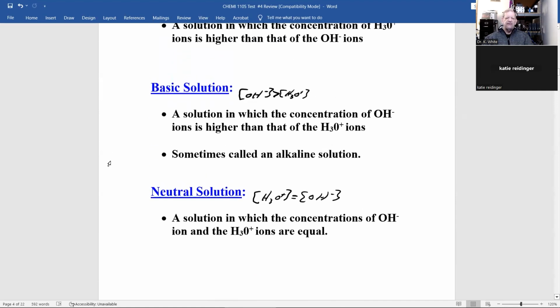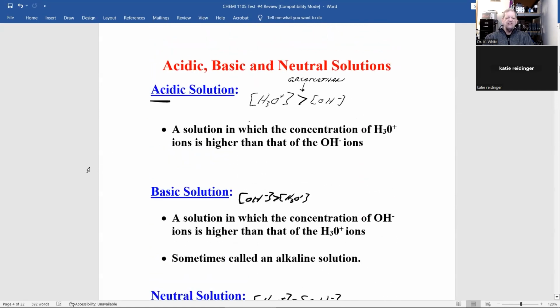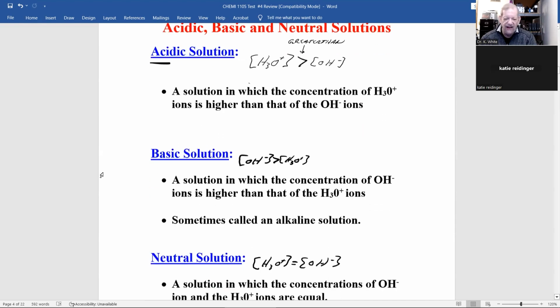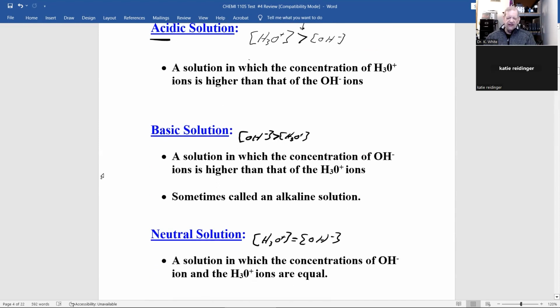So, acidic solution, hydronium ion concentration greater than the hydroxide. Basic solution, hydroxide OH minus greater than the hydronium H3O plus concentration. And neutral solution, the hydronium ion concentration is equal to the hydroxide.